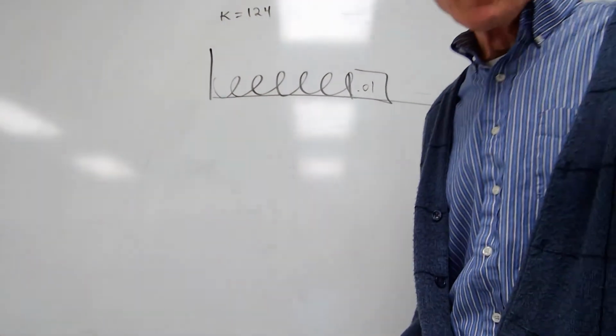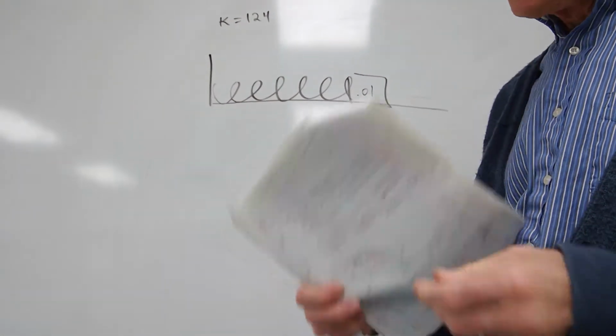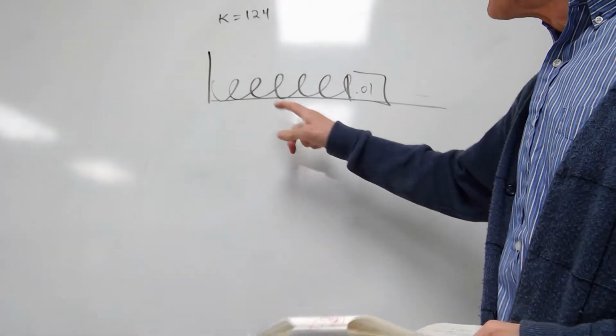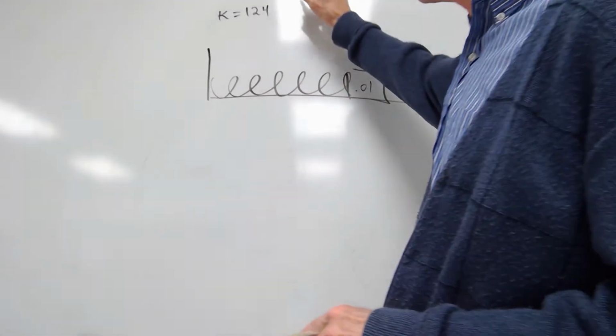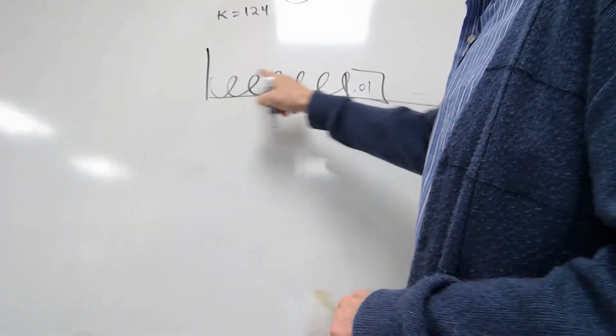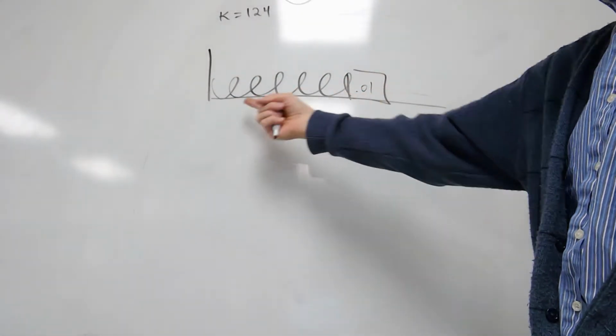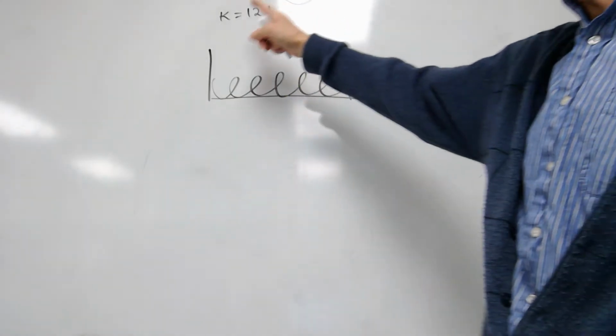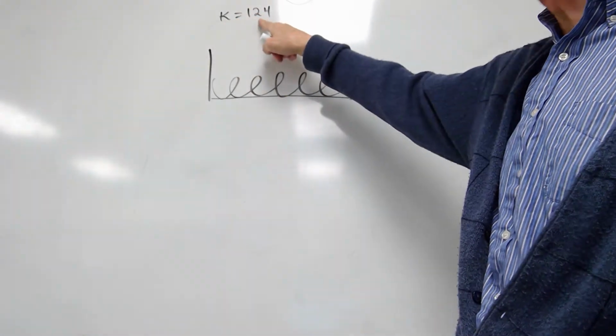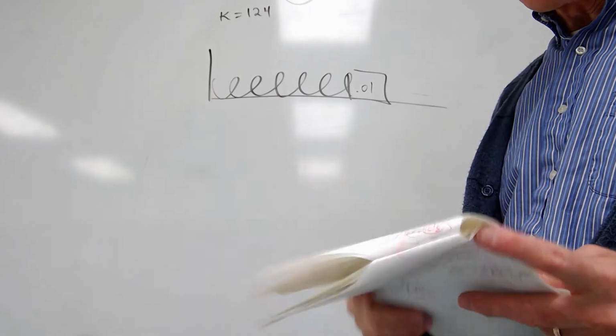All right, we're going to do one more. I know it's already been almost a half an hour. But for number 33, that's what this is. There's a horizontal spring, a mass that's 0.01 kilograms attached, frictionless. The spring constant is 124 newtons per meter.